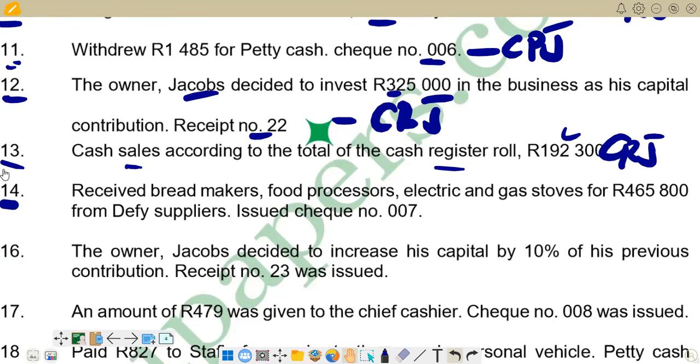Since we are buying, we are receiving these things, but we bought them. So it goes to the cash payments journal. Remember the payee is the 5 suppliers, in the column for payee, document number 007. And these are purchases, so we are going to put it in the column for purchases. So we go and put that one in the cash payments journal.